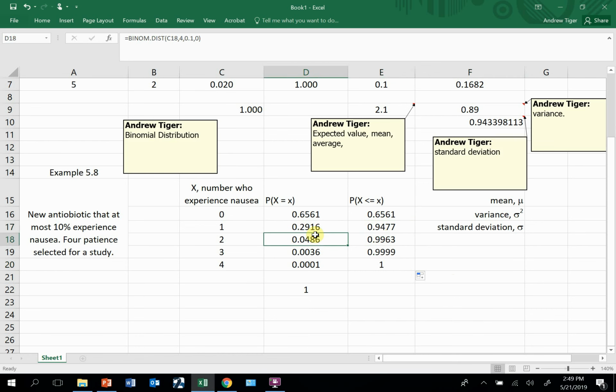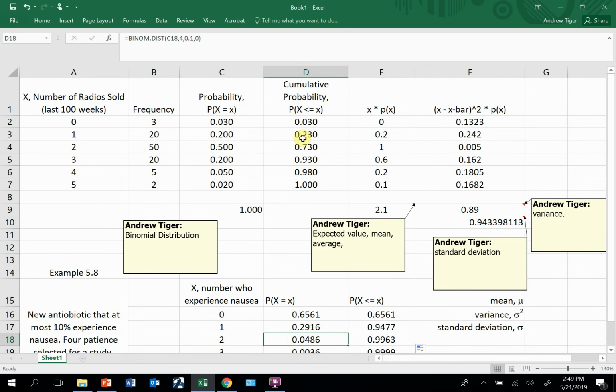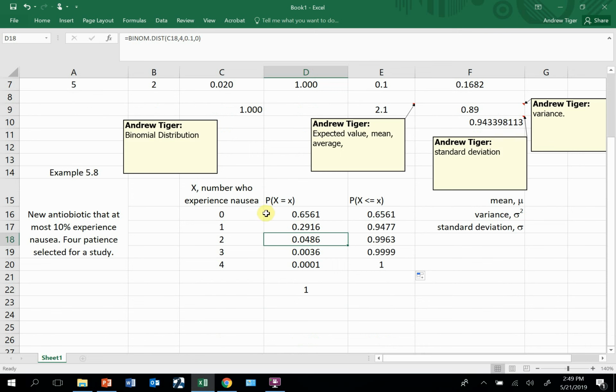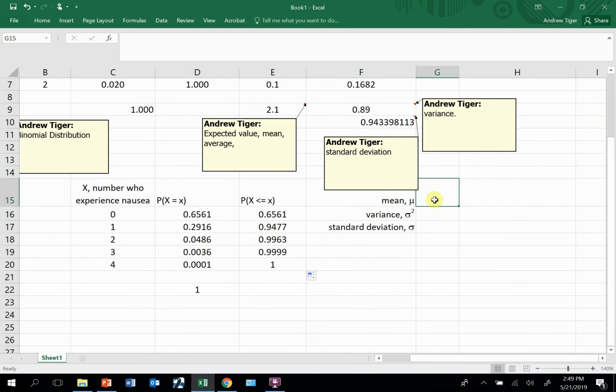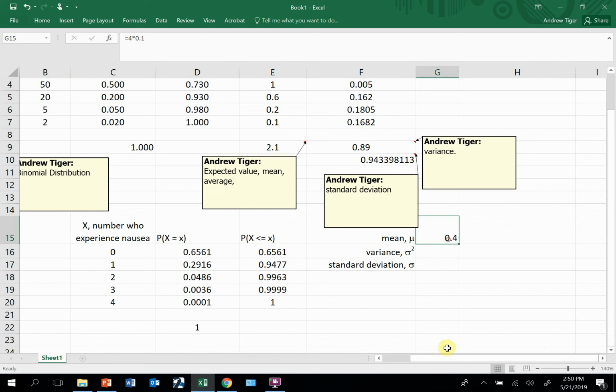So that's the binomial distribution, which is also discrete, but we're able to look at a special case when the outcomes are only two outcomes, getting sick or not. Now, because of that, we've got some simple formulas to calculate the mean. It's just n, 4, times the probability of success, in this case getting sick. So this is the expected number of people I would get sick out of 4 people.